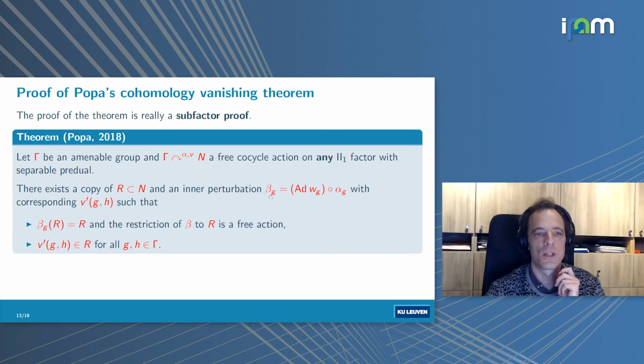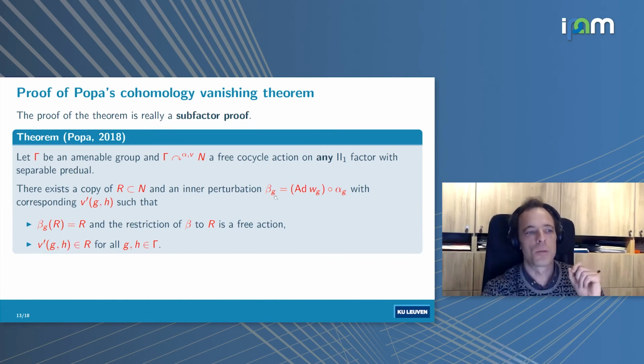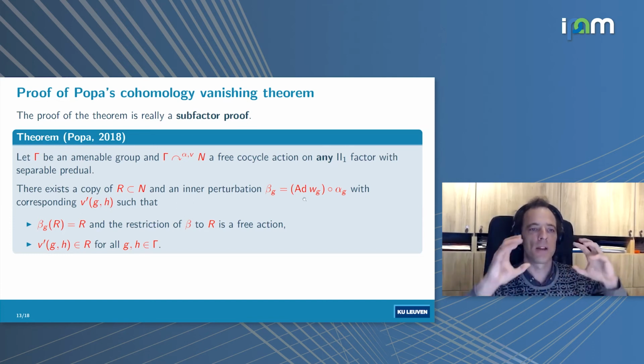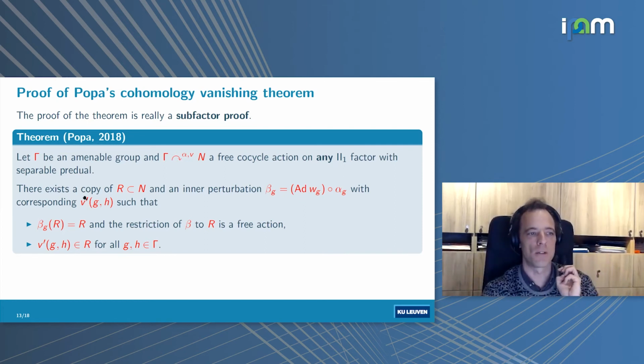It means, first of all, that I can perturb my cocycle action with an inner automorphism. So I get this perturbed cocycle action, beta G. Having it perturbed, I change V into a cohomologous cocycle, up to a coboundary given by W. So I can, first of all, perturb alpha G to beta G with the new two-cocycle V prime in such a way that beta G globally preserves a copy of the hyperfinite II_1 factor, and the two-cocycle is put entirely inside this copy of the hyperfinite II_1 factor.